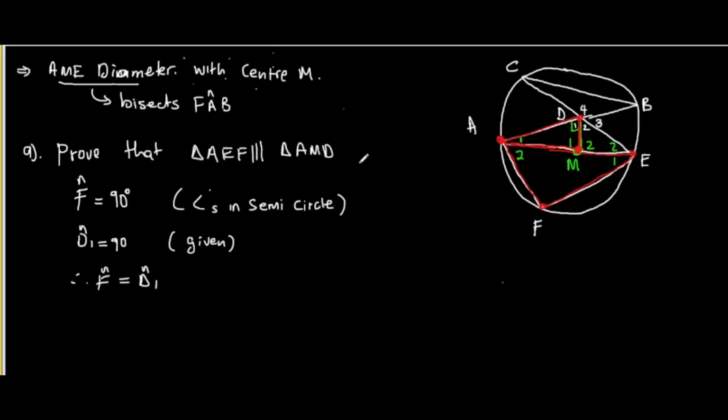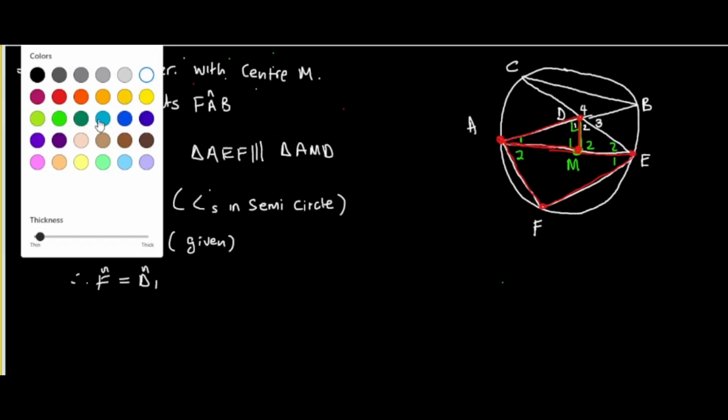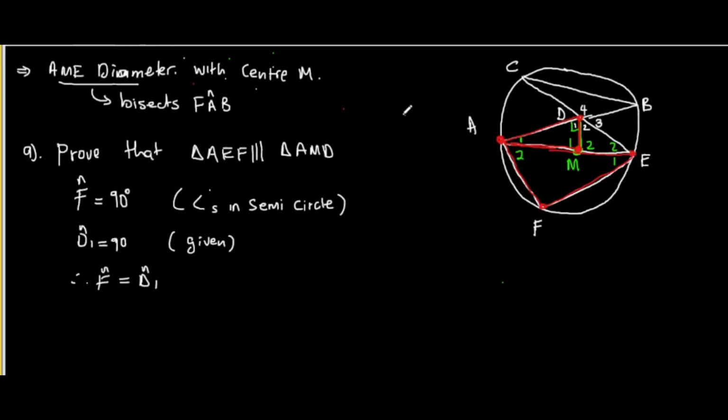Right. Let's explain the meaning of bisect. When we say the angles bisect, it's like saying it cuts this angle into equal parts. So this angle A1 is equal to angle A2.